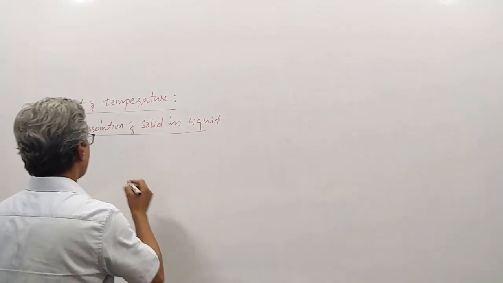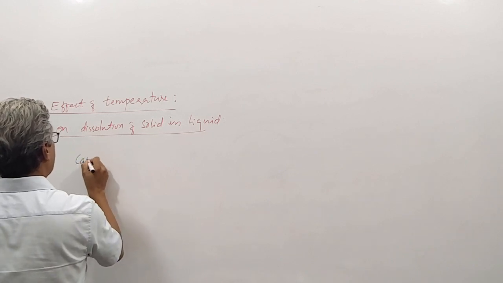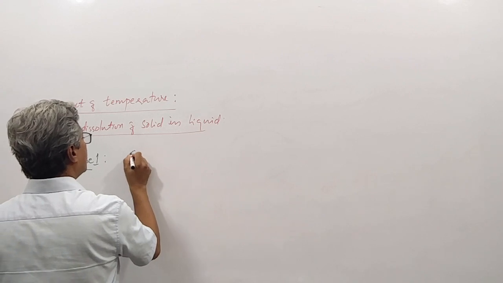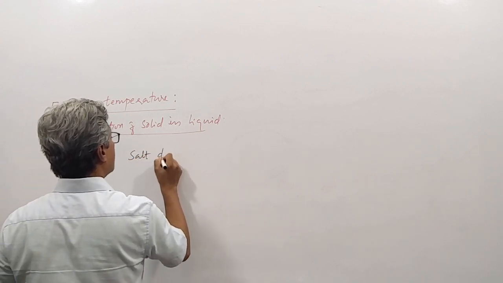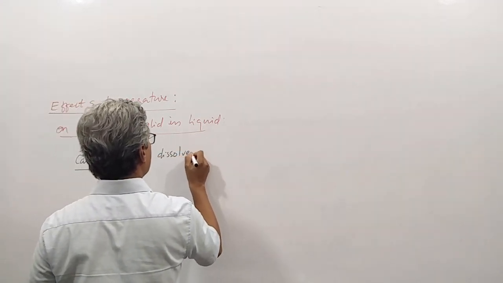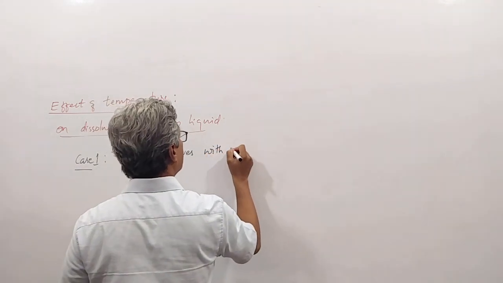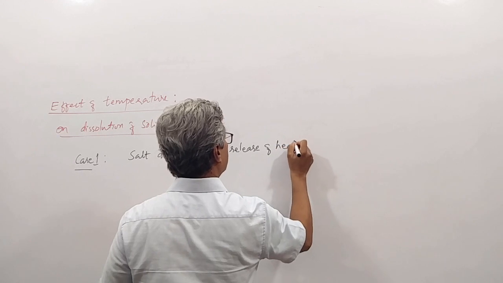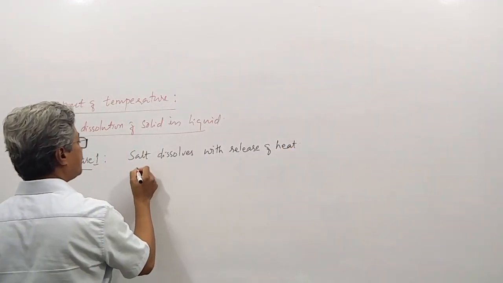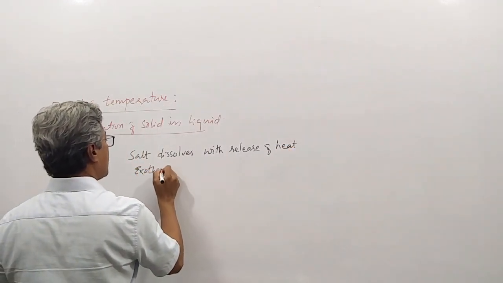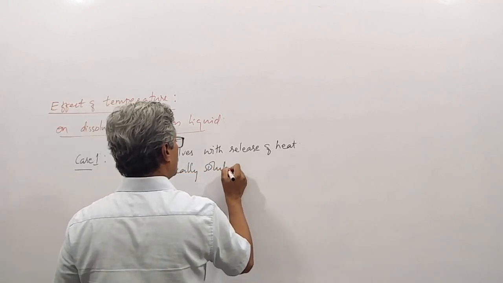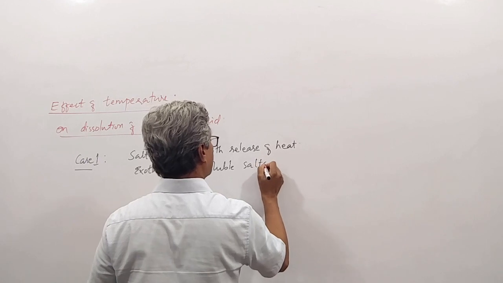Let us see this. Suppose we take case 1, where salt dissolves with release of heat. Such salts are called exothermically soluble salts.